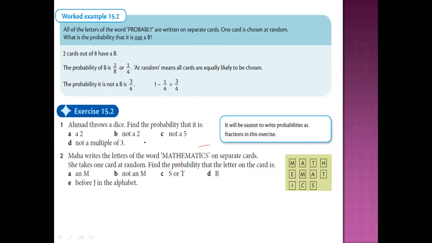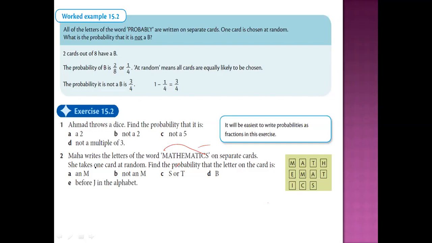And the second question, it will be easiest to write probabilities as fractions in this exercise. We have already written in fractional form. Maha writes the letters of the word mathematics on separate cards. In the word mathematics, how many letters do we have? 11 letters. The letter M we have twice, and A also 2 times, T also, and the others are only 1 time.